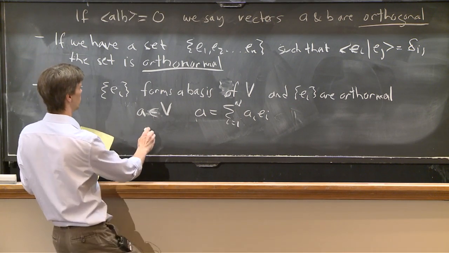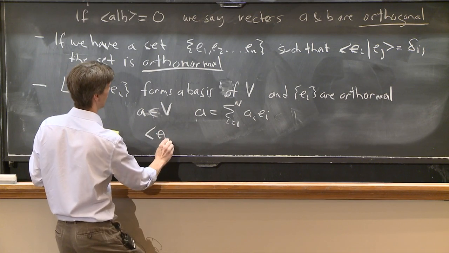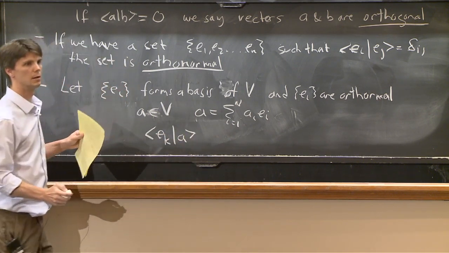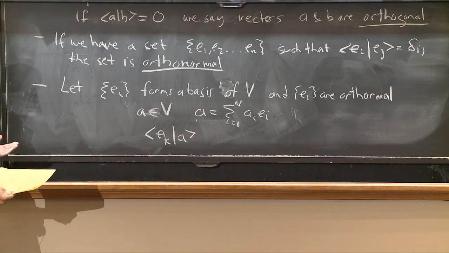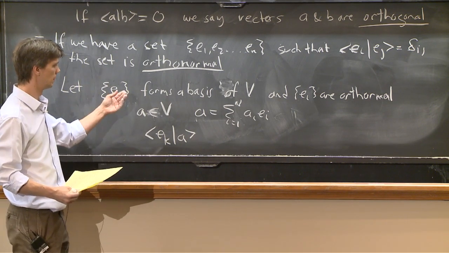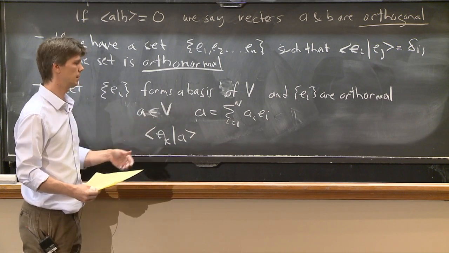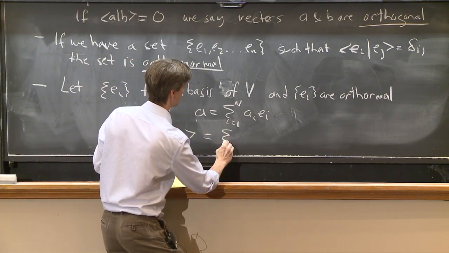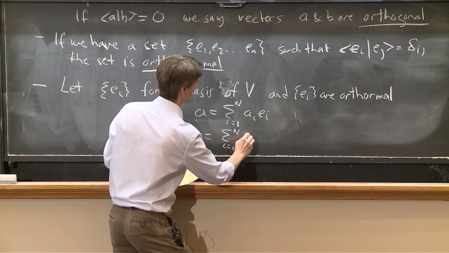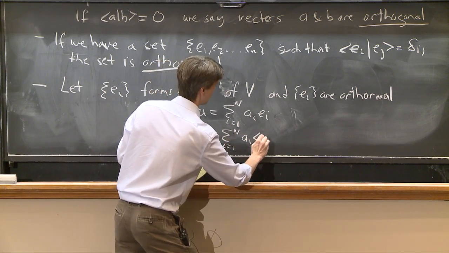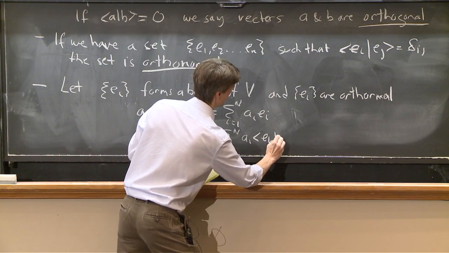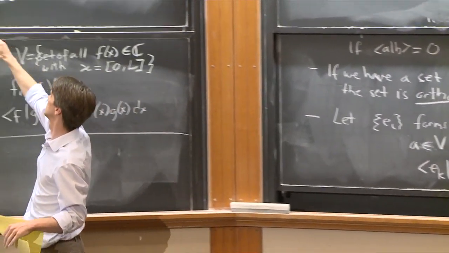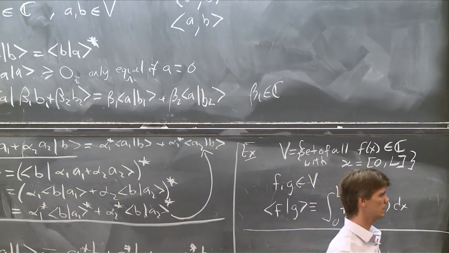Right? So we can look at what e_k dotted with A is. Right? So we have our basis vectors e_k, and we take one of them and we dot product into this vector here. And this is straightforward to see. This is going to be equal to the sum over i equals 1 to n, a_i, and then it's going to be the inner product of e_k with e_i, right? Because of this distributive property here. Okay?